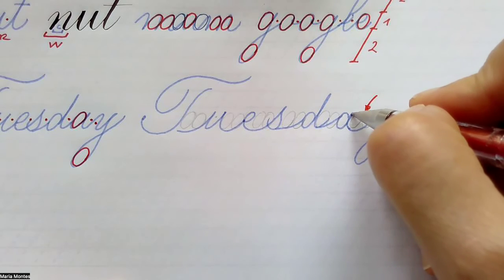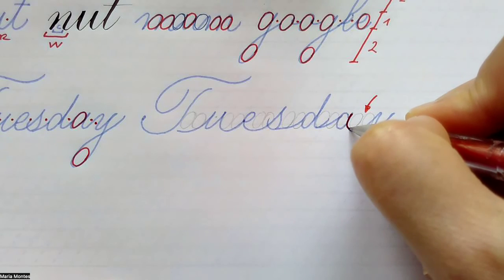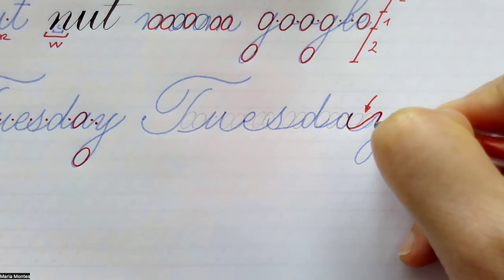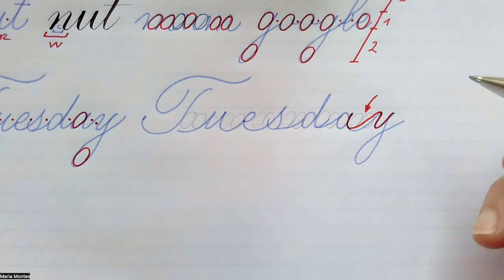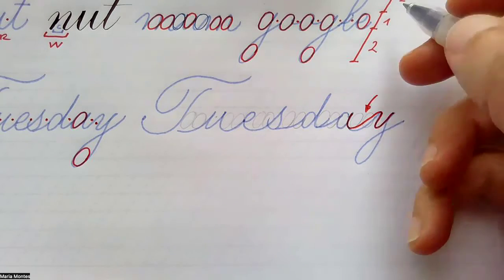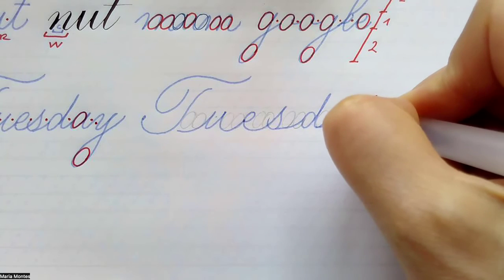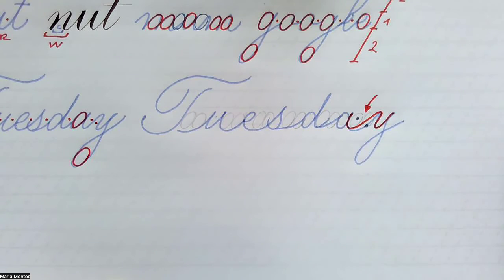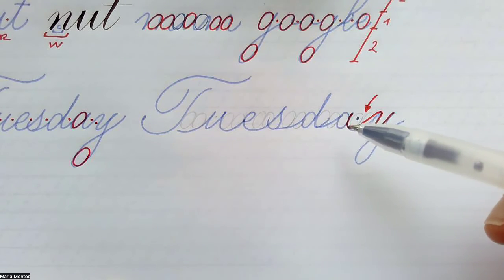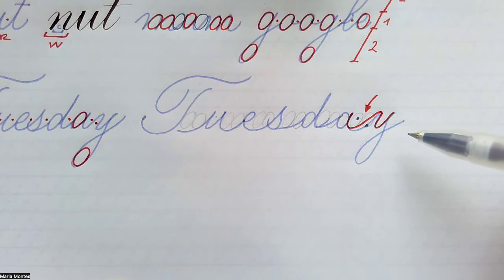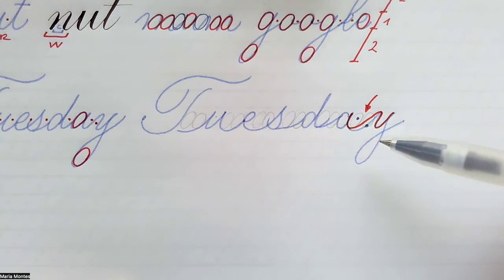So if I know I have this connection, I'm going to make sure that I create the connection in this manner, so that what I want to see is that the space of the connection on both sides is mostly equal. Okay. This is a good way to start getting familiarized with the idea of opening up the spacing in between. Now, let's translate this with the ink and the pointed pen.